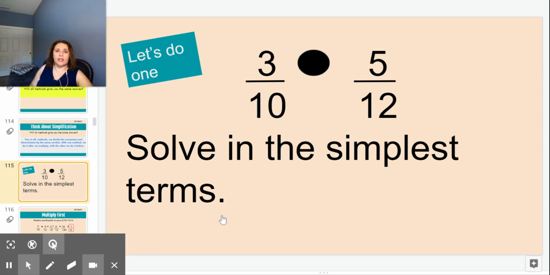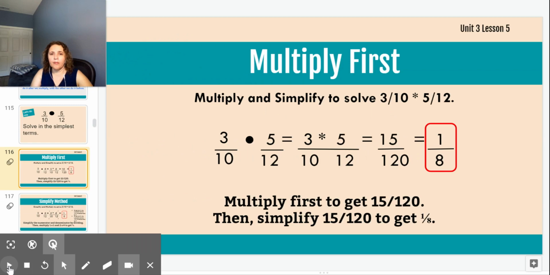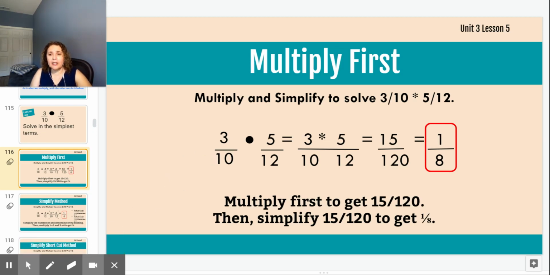Okay, so let's do this one together. Write it down in your math notebook, 3/10 times 5/12, and we're going to solve it in a couple of different ways in simplest form. Okay, if we do it the multiply first method, the way we've been doing it, right? 3/10 times 5/12, then it's just simply 3 times 5, which is 15, 10 times 12, which is 120.